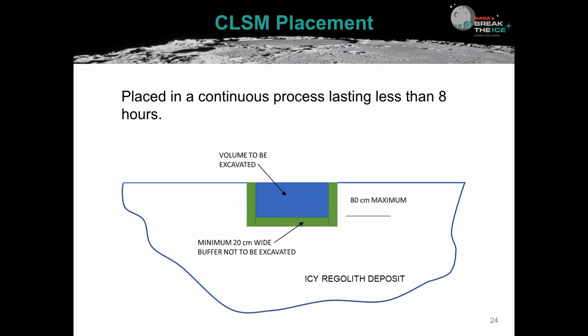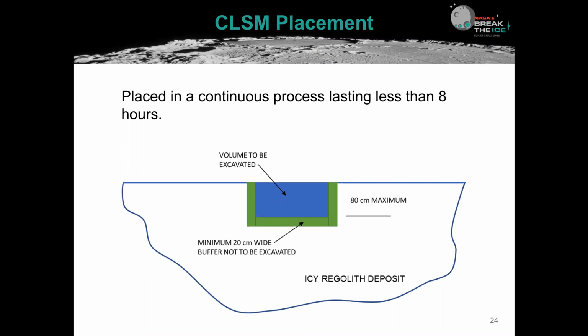So that's why we've created the geometry shown in the rules, where we have a certain depth of deposit, and then we have this buffer area around it. So we've already had a couple of questions on the buffer. We place the buffer at the same time as the material to be excavated. What happens if we dig into the buffer?